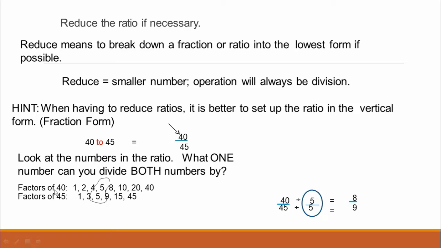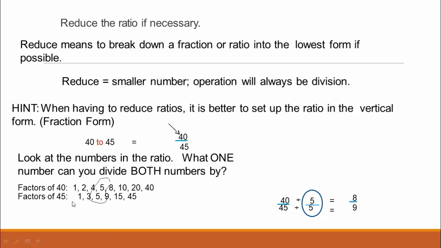So, first of all, find the factors of 40. The factors of 40 are 1, 2, 4, 5, 8, 10, 20 and 40. And similarly, the factors of 45 are 1, 3, 5, 9, 15 and 45. 40 is divisible by 1, 2, 4, 5, 8, 10, 20 and 40.